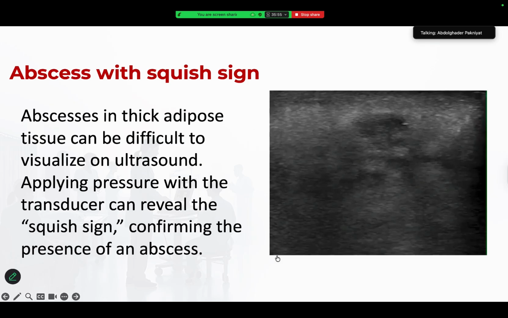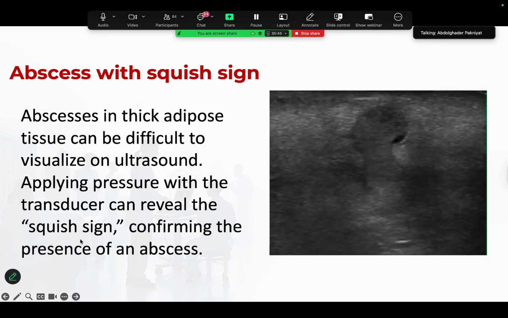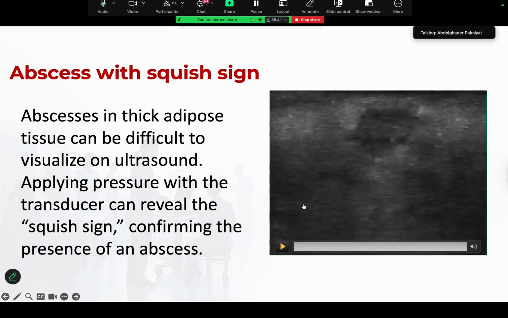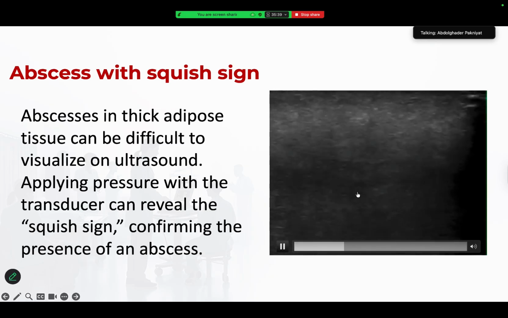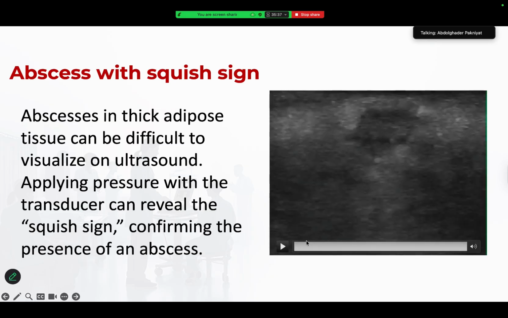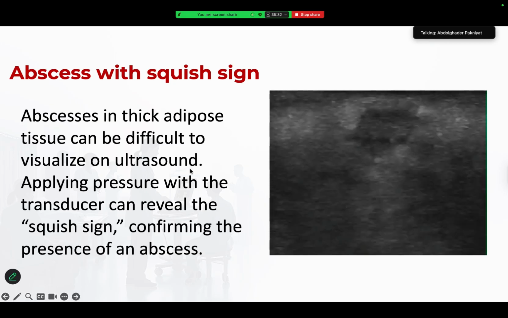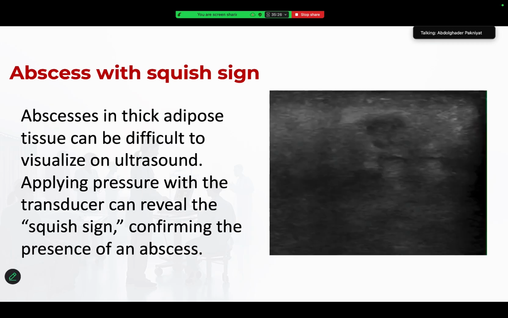Another good landmark to check when you are not sure whether it is an abscess or not is the squish sign. When you put some pressure on the skin, you can find some movement in the pus. It is a good landmark again for differentiating abscess from non-infectious lesions.